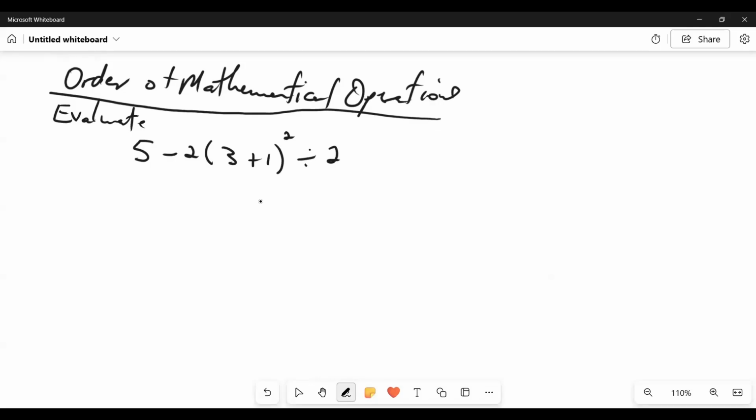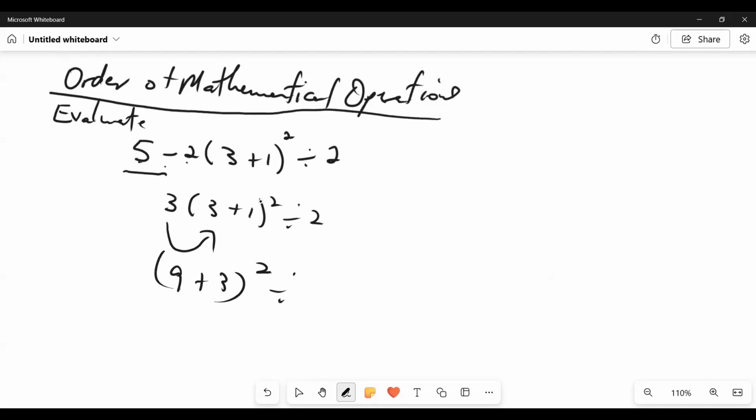There's an order in which we do things. One might be tempted to look at this and say, let's start from here: 5 minus 2 is 3. Okay, now we put this in here. What do we do next? Maybe we multiply the 3 into that, and get 9 plus 3 squared divided by 2. Is that what we do?